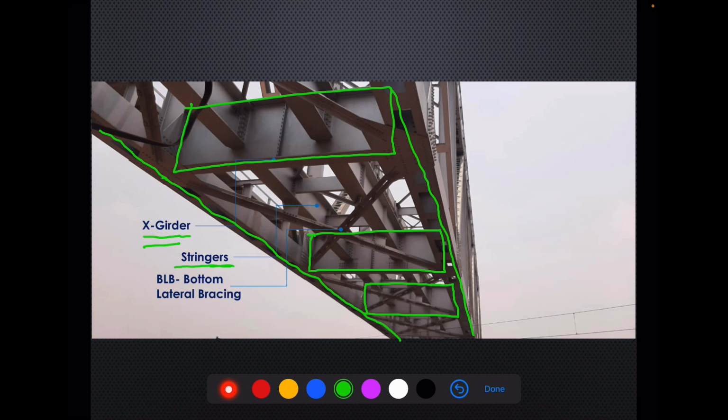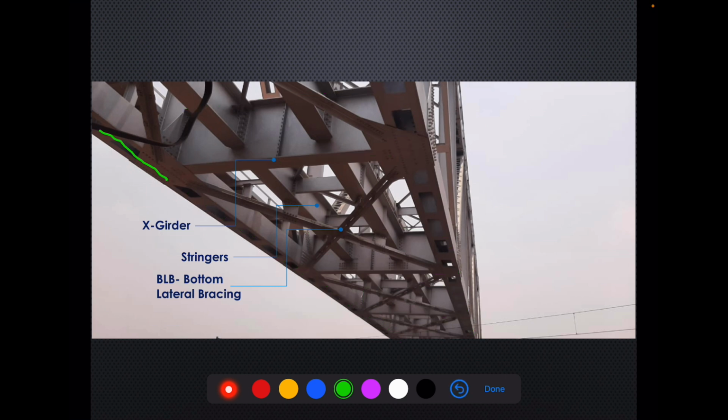Then what are the stringers? Stringers are the members connecting two cross girders. Between two cross girders, as you can see, we are providing a pair of stringers. This is one stringer and this is another stringer.